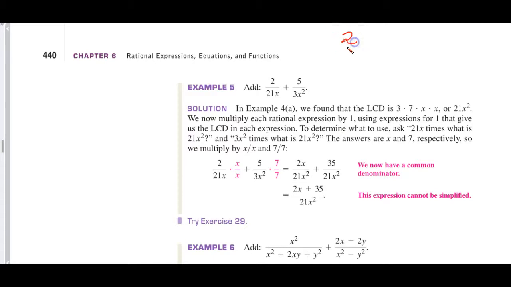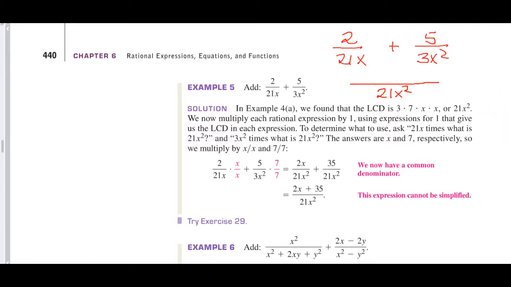So we have 2 over 21x plus 5 over 3x squared. Now, my strategy, and what I would suggest you do, is you do something like this. What will be your common denominator? Well, notice we worked on this one already, and we said it was going to be 21x squared.